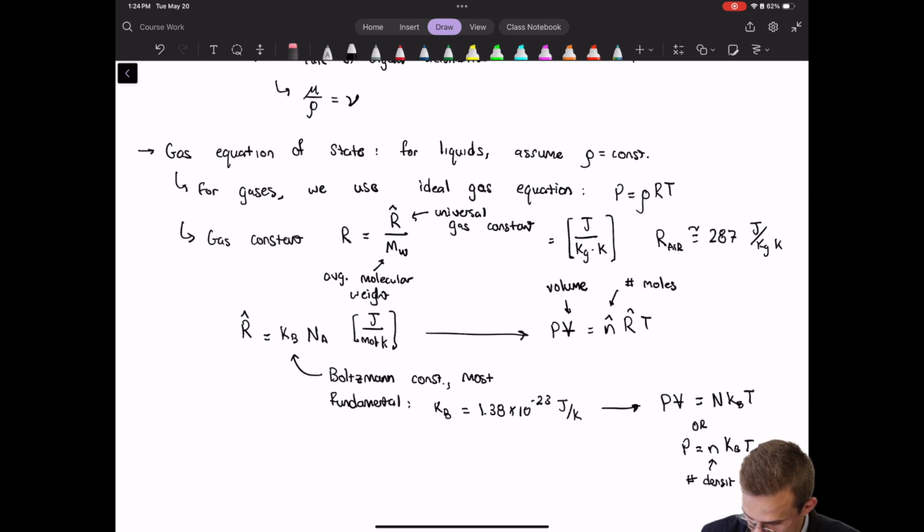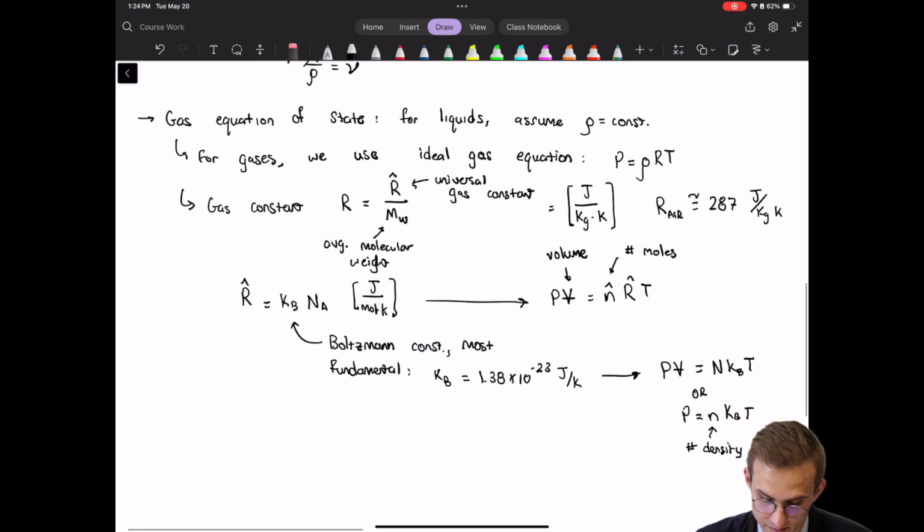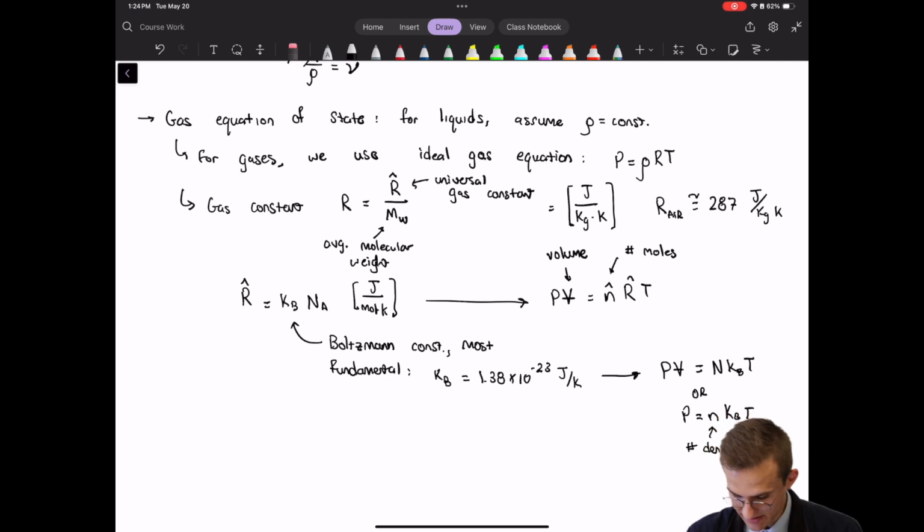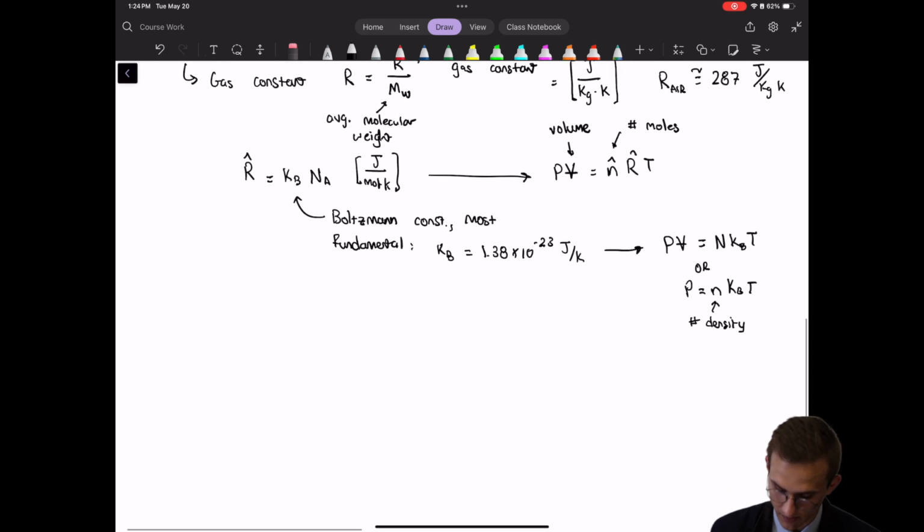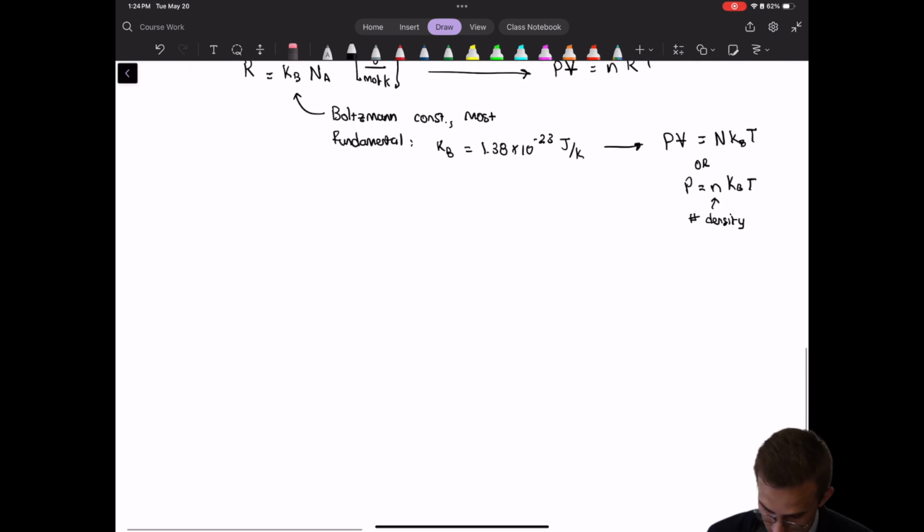Lowercase n is the number density, the number of particles per unit volume, that is, capital N divided by capital V. Having these different constants floating around can often be confusing, so those are the fundamental differences between the different gas constants available to you.